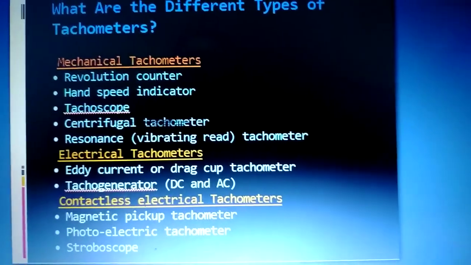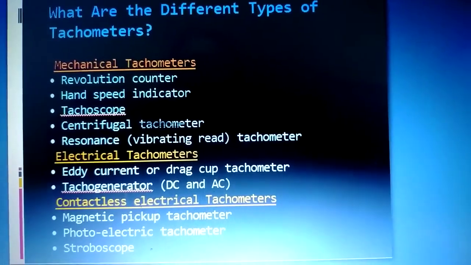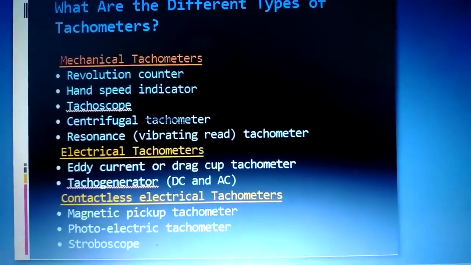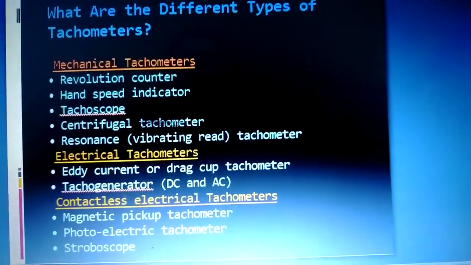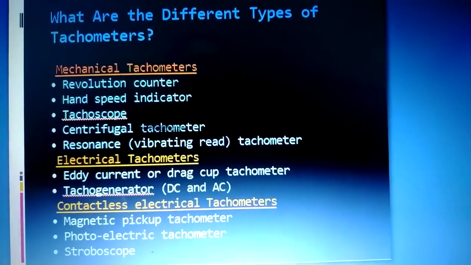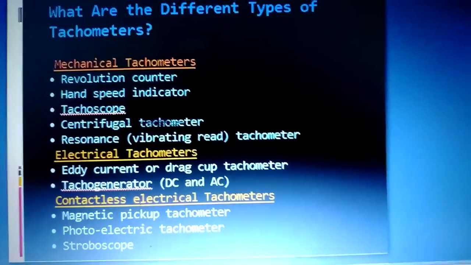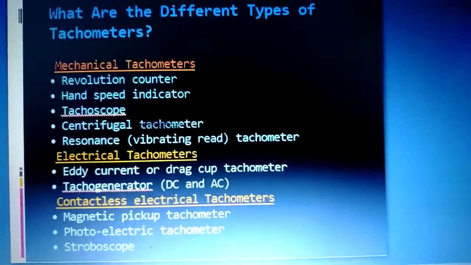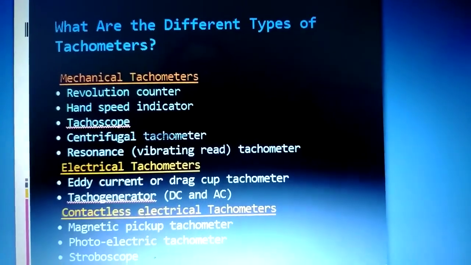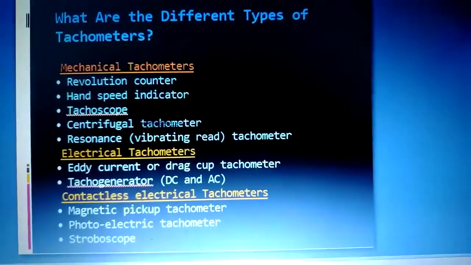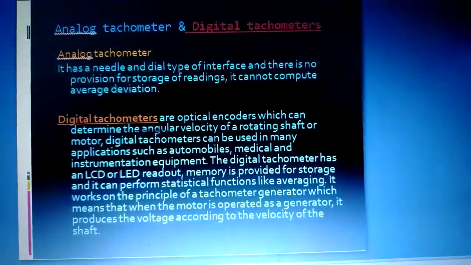The important contactless electrical tachometers are magnetic pickup tachometers, photoelectric tachometers, and the most commonly used, stroboscopes. These are very portable and contactless. For normal applications we use contactless electrical tachometers. These are the commonly used tachometers for measuring angular speeds.